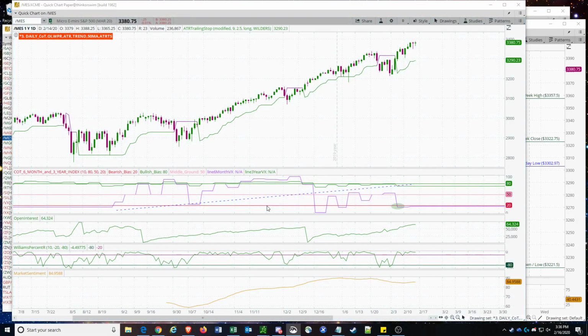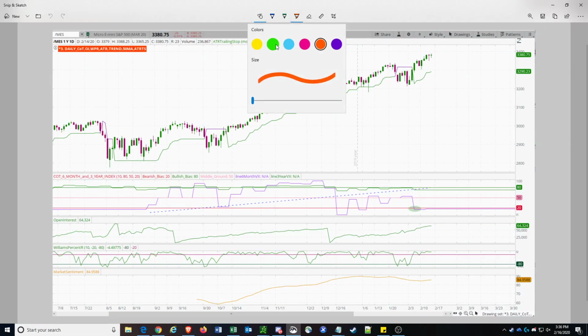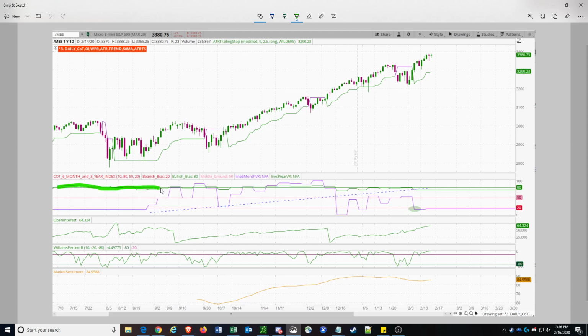But the consistency of the 3-year index is what it is. It's bullish. They've been buying. But where can we get an indication on the 6-month that they're definitely going one direction? Maybe picking up a little bit, and then they're selling it off.